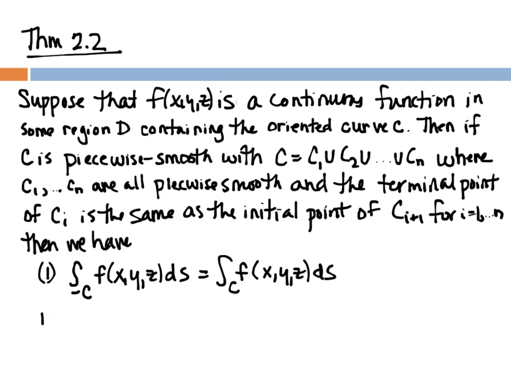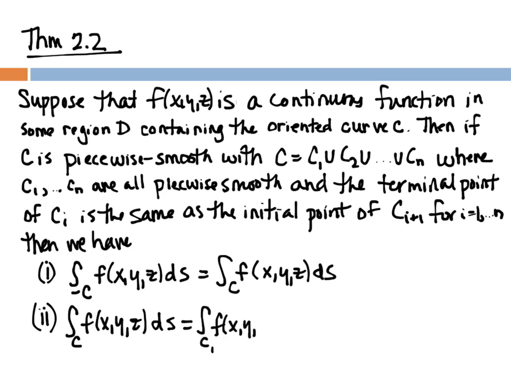But more importantly, and that's where the C1, C2 businesses that we have above come in, if we took the integral over C of f of x, y, z ds, we could break it apart into the integral over C1 of f of x, y, z ds, plus, and we can continue doing each of these integrals up to the integral over Cn of f of x, y, z ds.